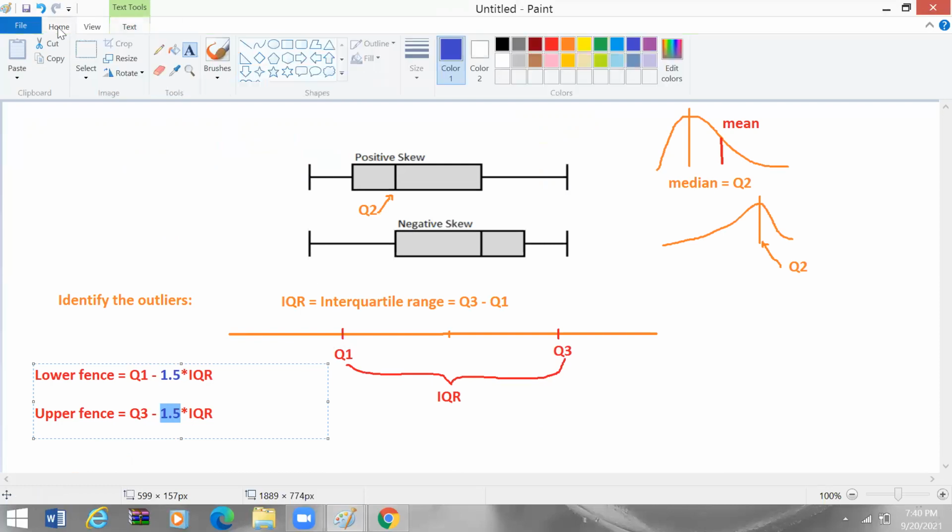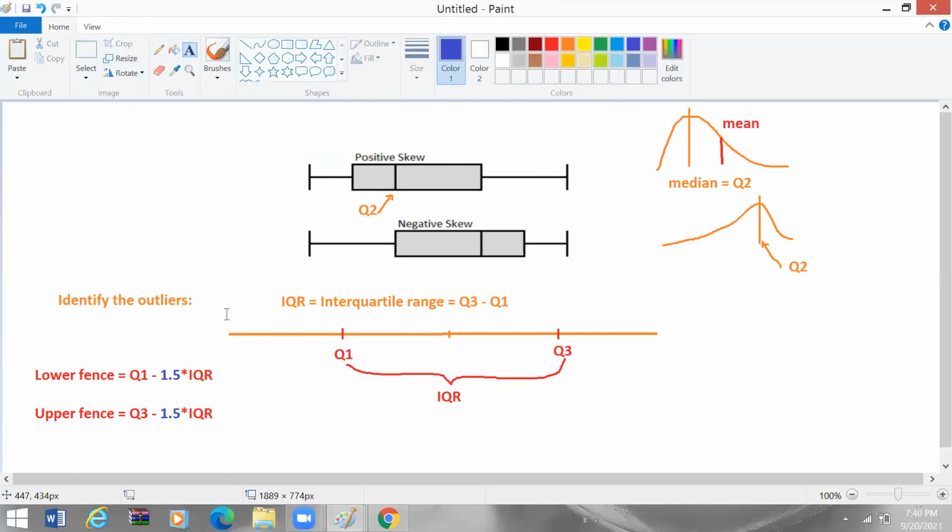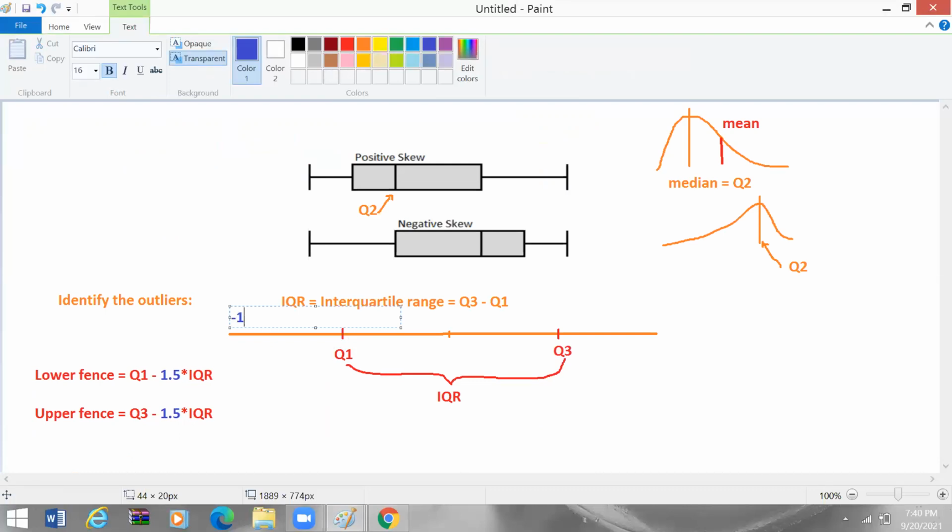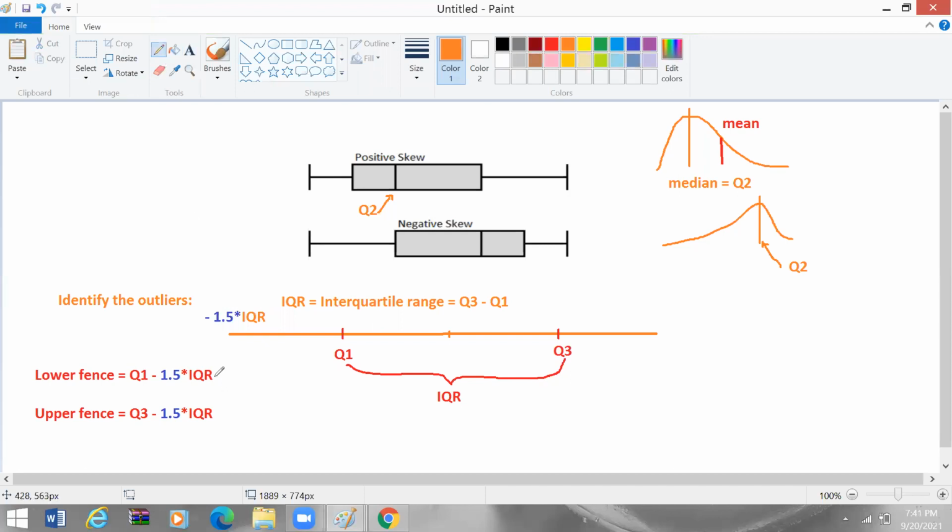For the lower fence, we take Q1 and then we subtract, so you're making the fence go all the way to the left, 1.5 times IQR. This is how we set up the fence here. Let's say the fence should be around here, just as one example.